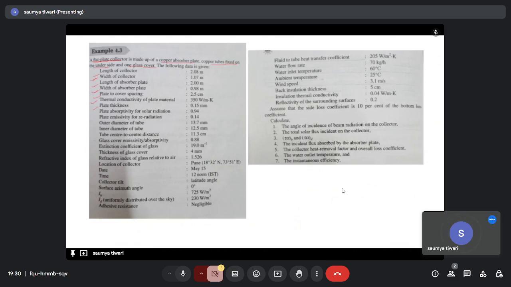So I'll just draw this figure so it will be easier for you to calculate. So this is a flat plate collector.